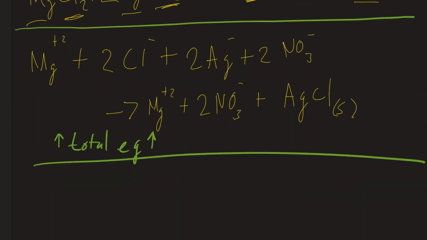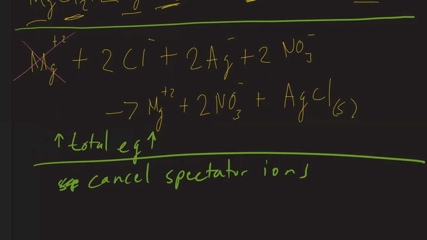Now, if we want to find our net equation, we have to find our spectator ions. We have to cancel spectator ions. And I'm just going to highlight this in pink, what our spectator ions are. So in this case, since Mg was soluble on either side of the total equation, I'm going to put a pink X through there and a pink X through the product side.